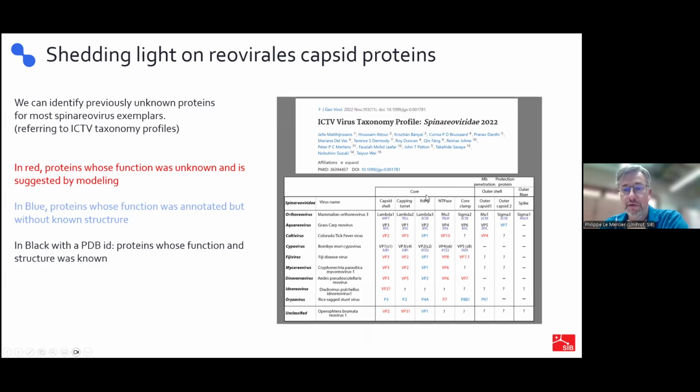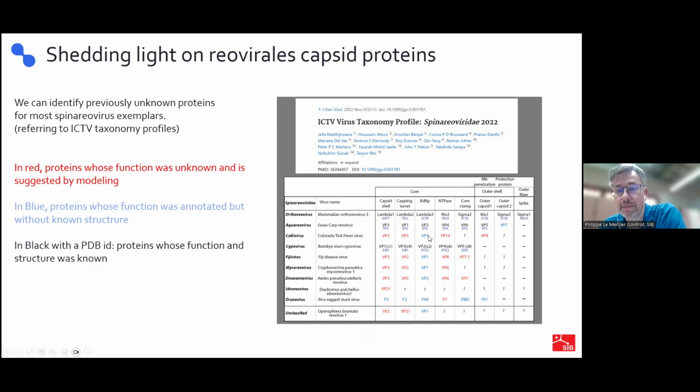So here you have the core proteins, the capsid, outer shell, and here I've modeled a virus for every genus, and even this one that's not classified yet. So we see that the polymerase, in black, it means we have a 3D structure in PDB available with a PDB code. So you see for 3 viruses, we have a PDB structure. We know it out there. But for all the others, we have no idea.